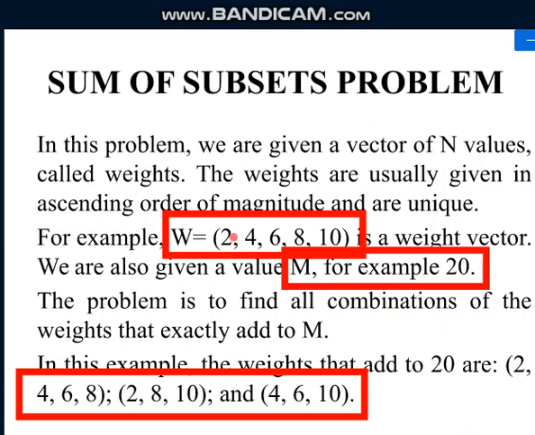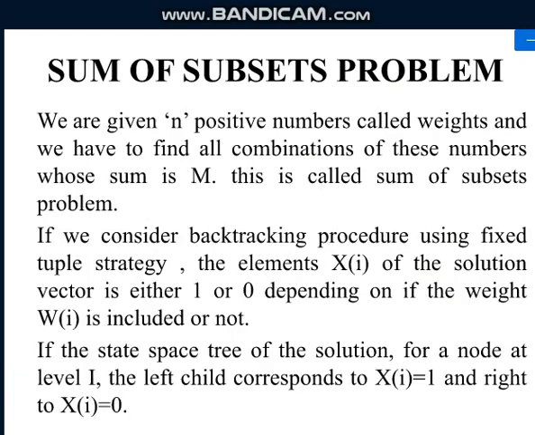Now let us see how to apply backtracking to get the solution for this problem. The same thing is explained here. You are given n different positive values and you are given m. So how is backtracking applied? In the backtracking procedure, we start by taking the first element and including it in our subset, that is the solution set.